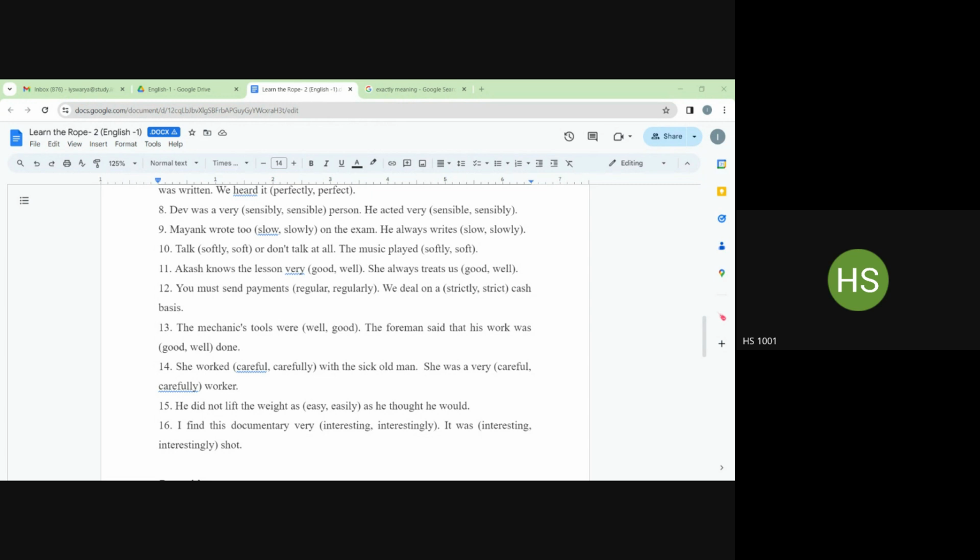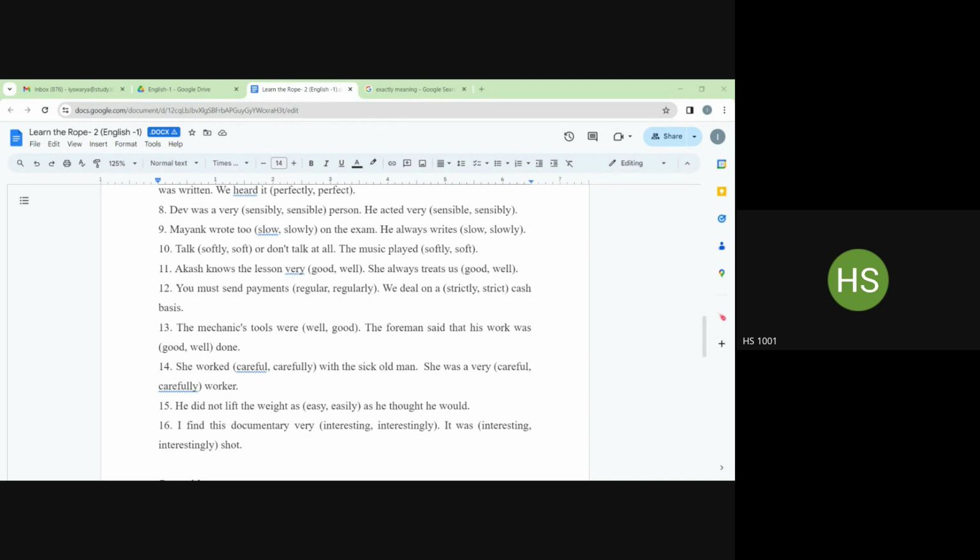The basic difference is that well is most suitably used to modify verbs, and good is an adjective, so the modification is for the noun. Person, thing, place, whatever it is, if you have a noun at hand, then good goes because it's an adjective. Again good, for the reasons just mentioned.